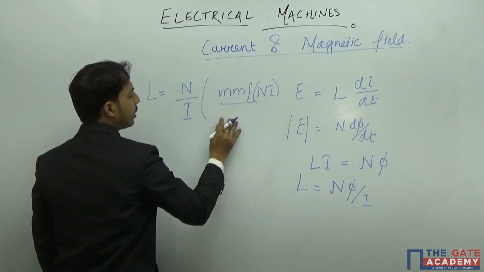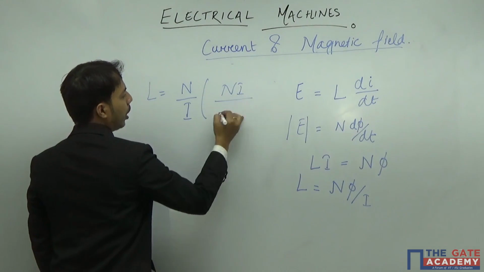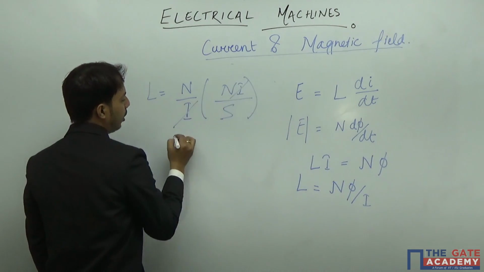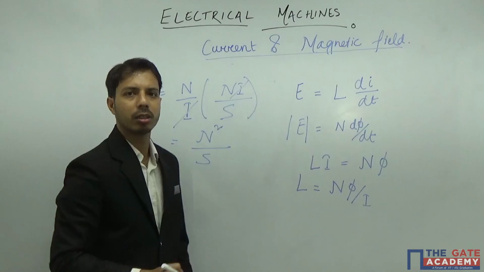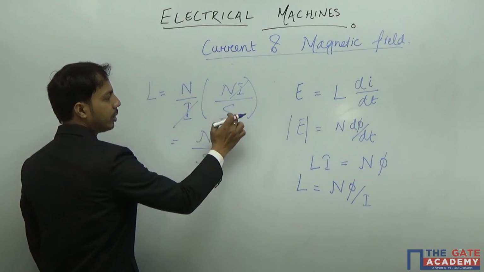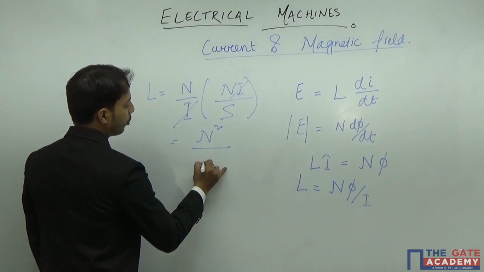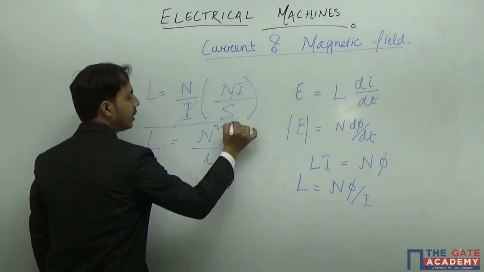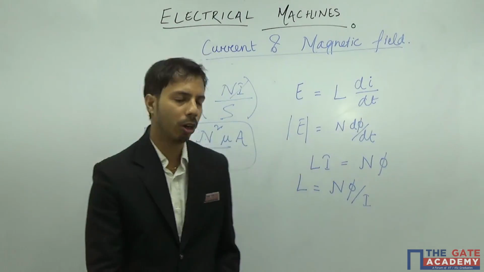And what is reluctance? If you remember, let us say reluctance is S. So the i gets cancelled, and it will be N squared by S. Instead of putting S here, we can put the expression of reluctance, which we know is l divided by μA. So this is the inductance of the coil, or solenoid.